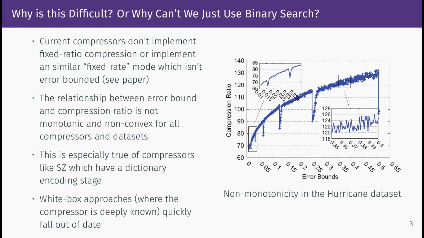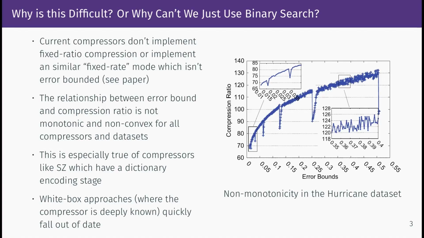As you can see, though, in the figure to the right, the relationship between an error bound and the compression ratio is not necessarily monotonic and is often non-convex for different compressors and different data sets. This means that the process of doing this by hand is tedious and perhaps error-prone. And it means that we can't use techniques like binary search because the search space isn't monotonic.